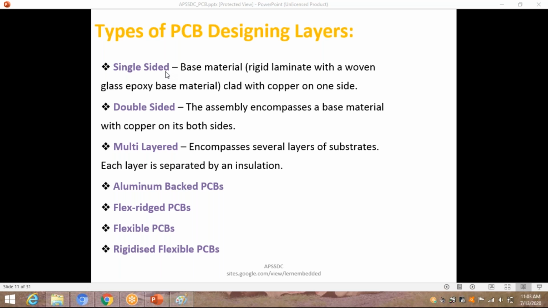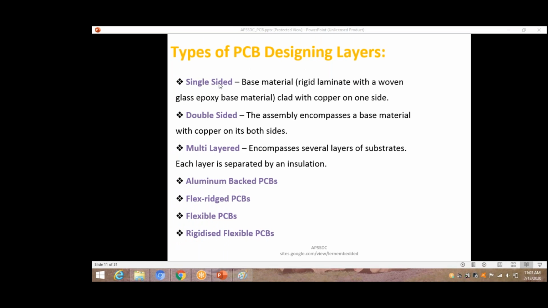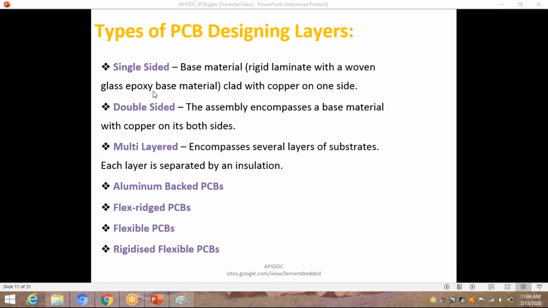In single-sided PCBs, the components are placed on the top side of the board, and the terminals are soldered on the conducting material side. In double-sided PCBs, we can place the components on both sides. On the top you can place the components, and on the bottom also you can place some of the components.